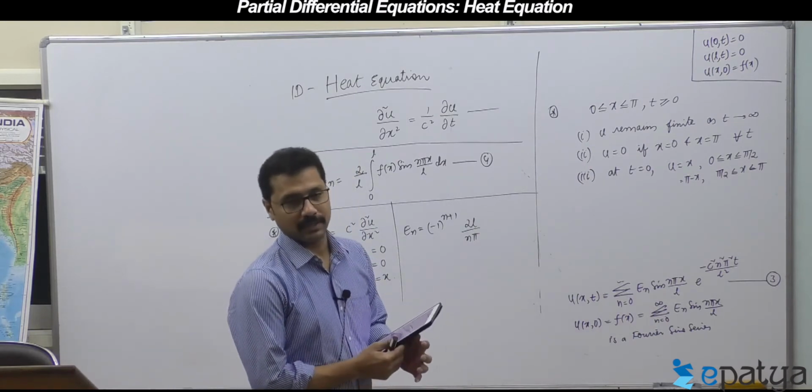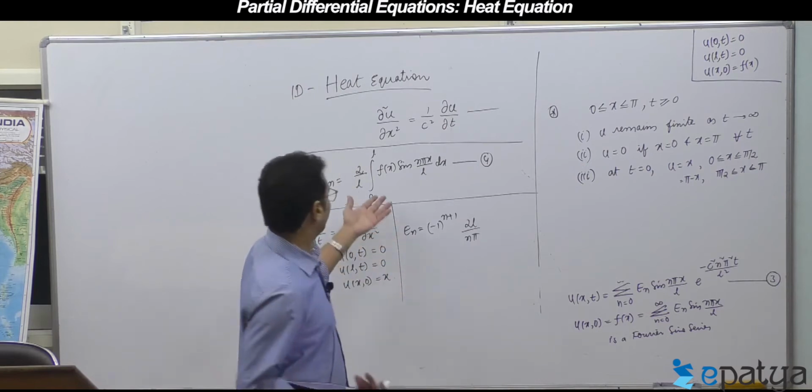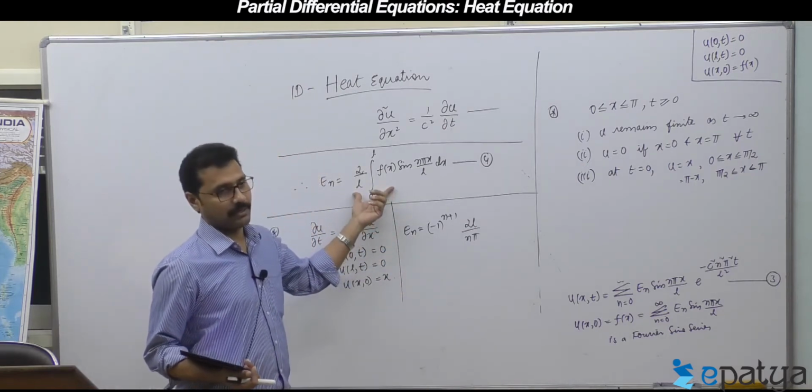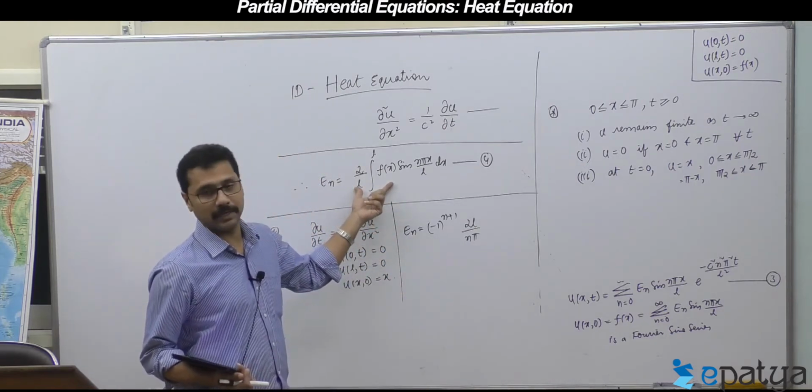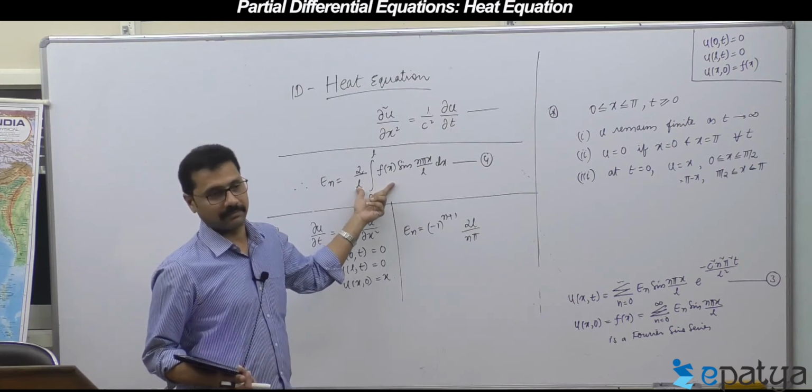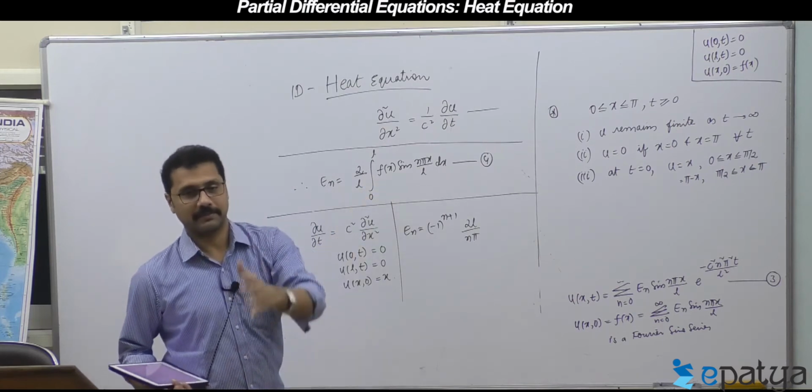What it means? It means that while performing this integral 0 to pi, you have to split between 0 to pi by 2 and pi by 2 to pi. Okay? Do it quickly and tell the answer.